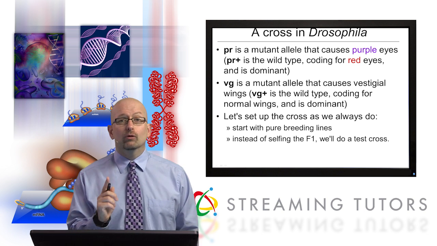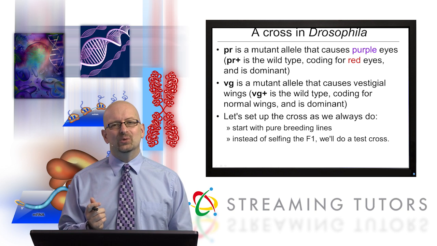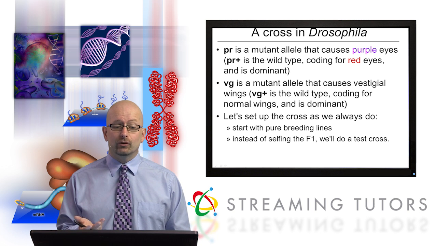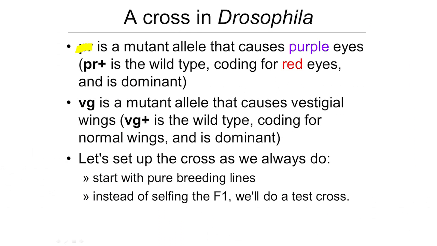So remember how fly geneticists do this. They tend to name genetic loci based on the mutation that they discovered. So in this case, PR for purple is a mutation. We saw the white-eyed mutation before. Well, this actually causes purple eyes. PR plus, or you could just say plus, is the wild type.